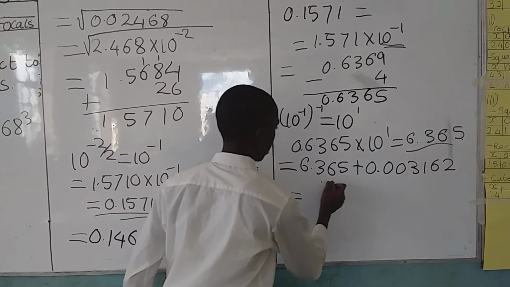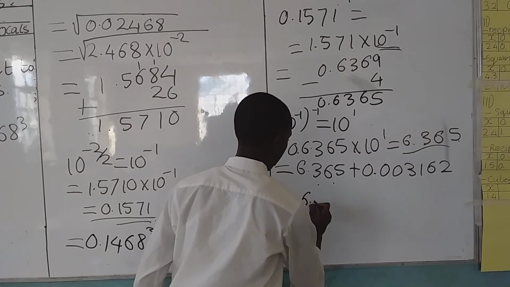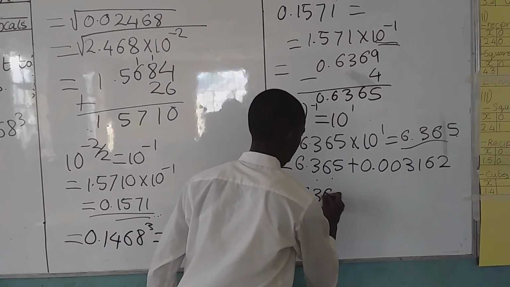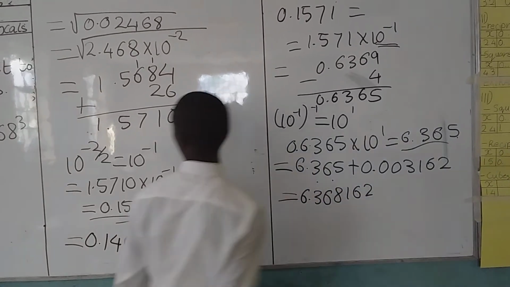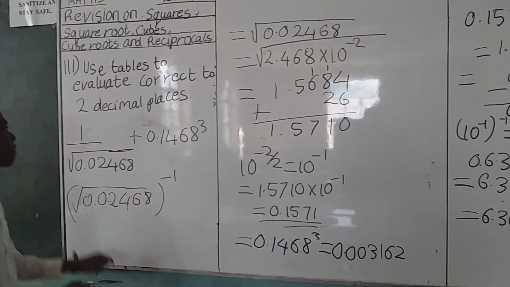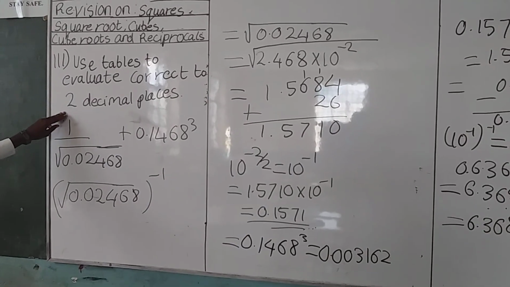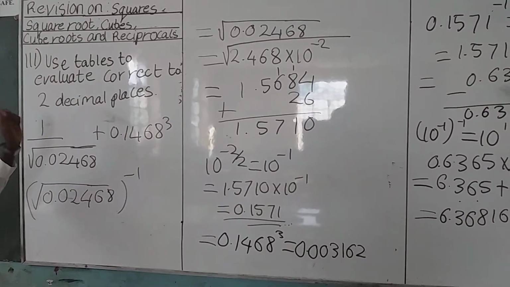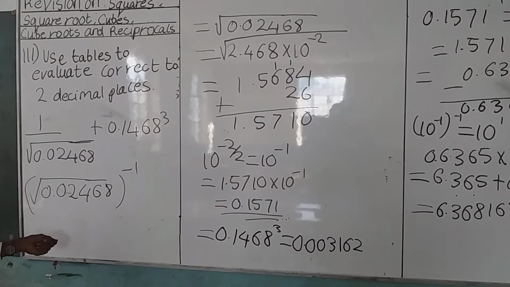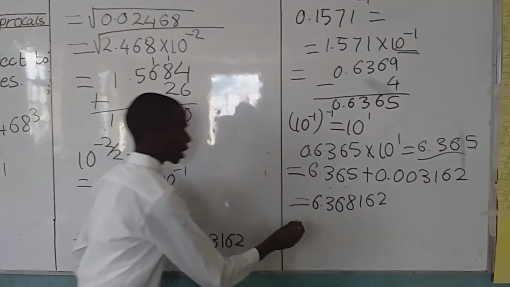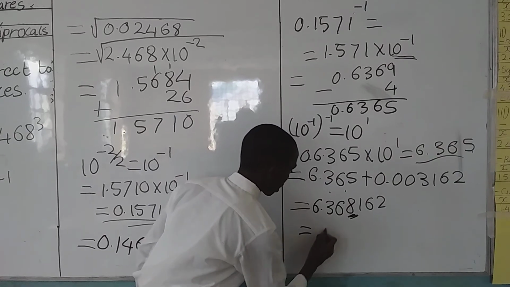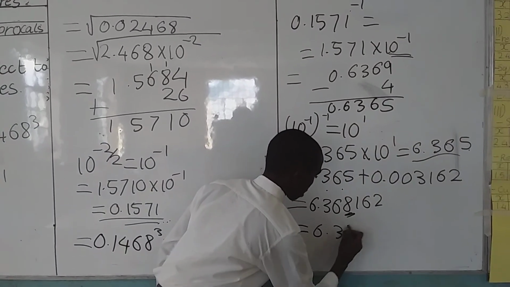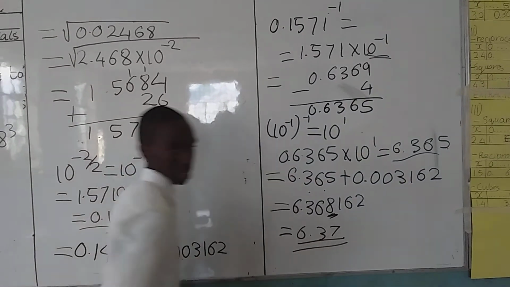So what do we get? It is 6.368162. Remember that we are supposed to evaluate and give our answer to 2 decimal places, which will earn us the final mark. So to 2 decimal places, we round off at the 3rd decimal place, which is 8. So we get 6.37 as our final answer.